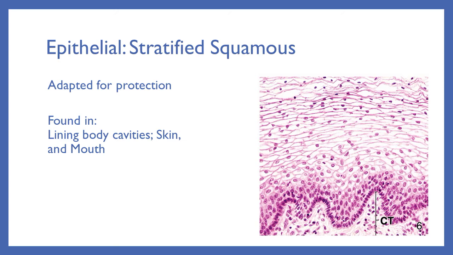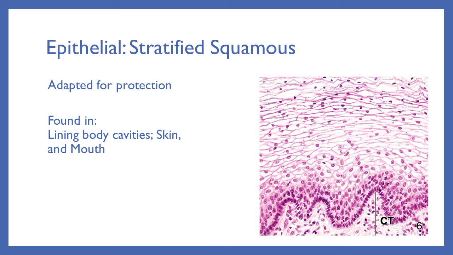These cells are perfect because as we provide nutrients to the bottom layer where the regeneration happens, new cells are constantly being produced and are being pushed upward towards the surface. As they travel and get farther away from the nutrient-rich basement membrane, they begin to get smaller, to shrink, and to die, and by the time we get to the top, they are now dead and easily shed.